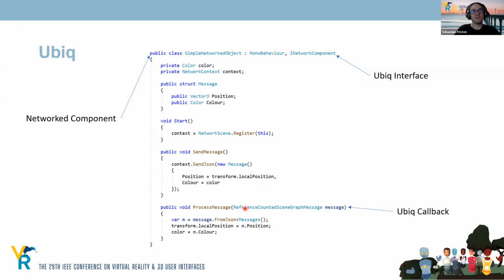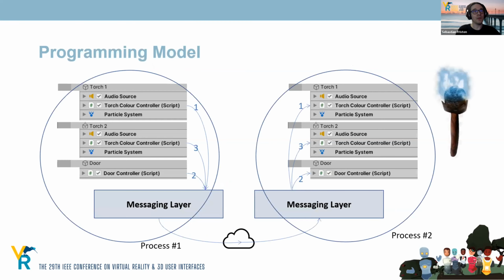And the idea is that by imitating Unity's existing models, Ubiq becomes immediately familiar to existing Unity users, which hopefully improves coding efficiency and aids discovery of its various features and APIs as well.